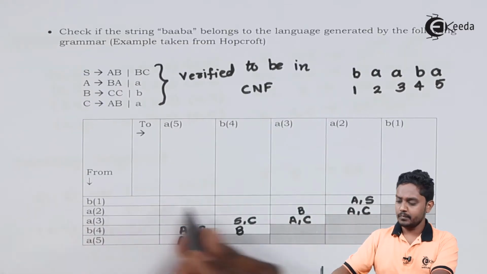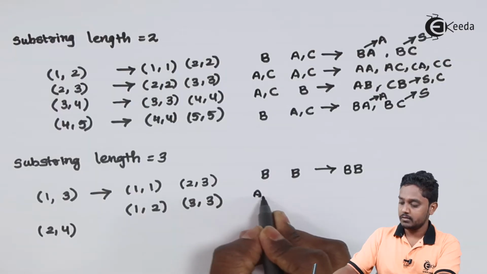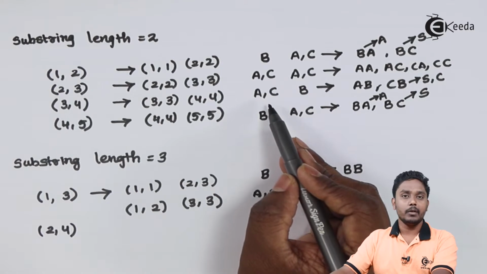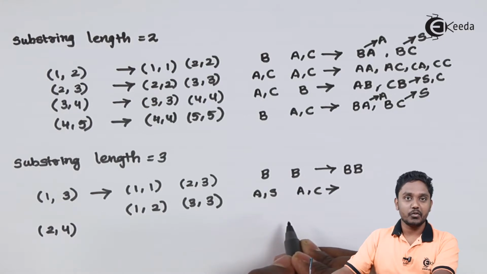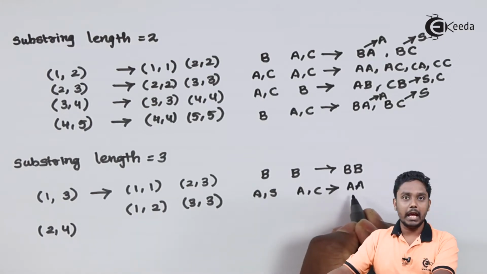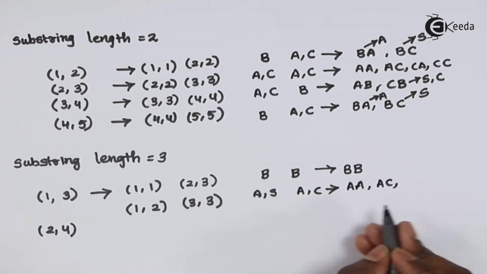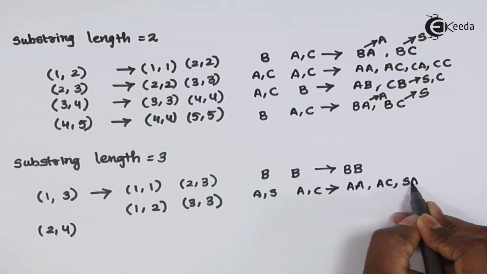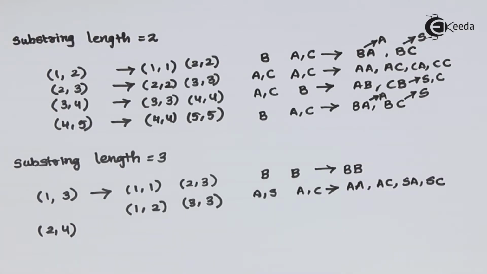First row, second column, it is A or S. From here we know that 3 3 is already A or C. The concatenation must be AA, AC, SA and SC. Let us go to the grammar and find out which of them are produced by the grammar.